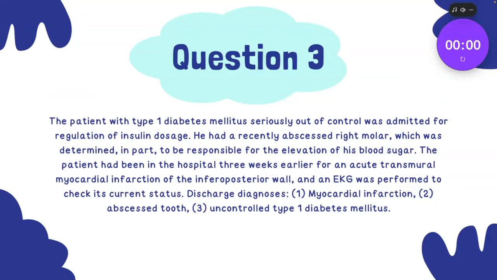The patient had been in the hospital 3 weeks earlier for an acute transmural myocardial infarction of the inferoposterior wall. And an EKG was performed to check his current status. Discharge diagnoses, myocardial infarction, abscessed tooth, and then uncontrolled type 1 diabetes.